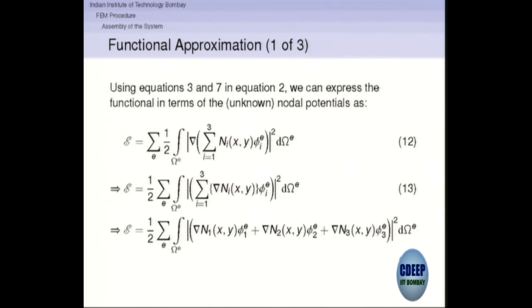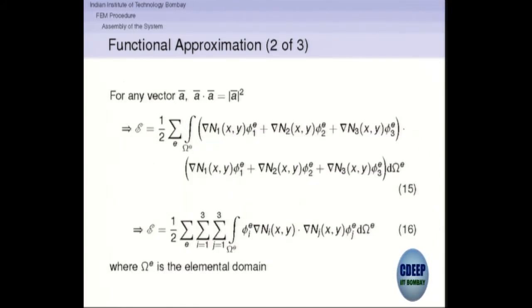So del is made to operate only on N, and then you expand this as I just said: first you separately write the 3 terms phi 1, phi 2, phi 3, and then you use that A dot A is equal to A square. So you have this dot product, and effectively you will get 9 terms when you expand it.